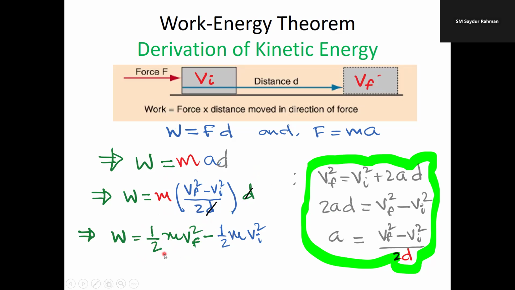Remember, the kinetic energy is equal to half mv squared. So the first expression gave me the final kinetic energy, and the second expression gave me the initial kinetic energy. So this will become KEf minus KEi. This will be the change in kinetic energy. So work is equal to the change in kinetic energy.